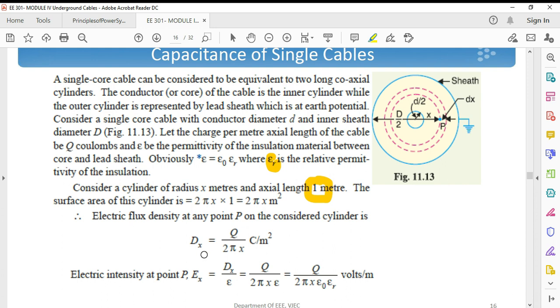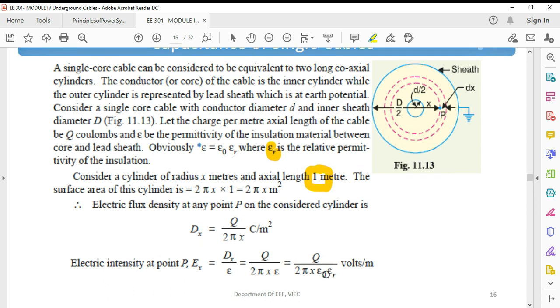Electric flux density equals electric field intensity into permittivity, so electric field intensity depends on the permittivity of the material at point P. So it is equal to Dx by epsilon, where epsilon is the permittivity, that is epsilon 0 into epsilon r. So E equals Q by 2 pi x epsilon 0 epsilon r volts per meter.